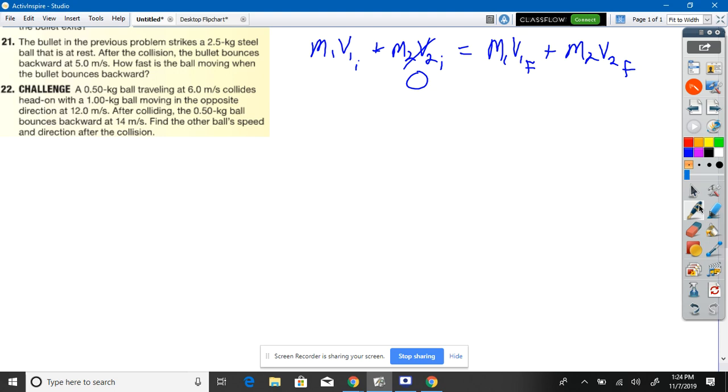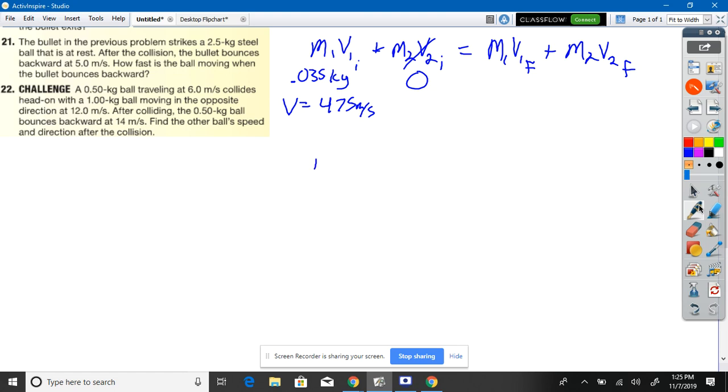Let's draw the problem. In the previous problem, I'm guessing the mass is 35 grams, 0.035 kilograms, and it's moving at an initial velocity of 475 meters per second. But this time it encounters a steel ball.